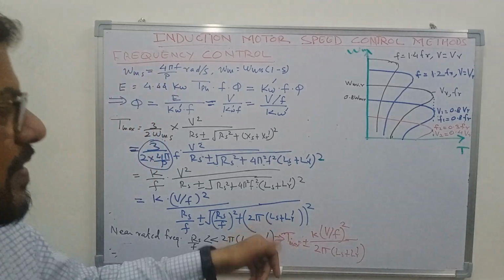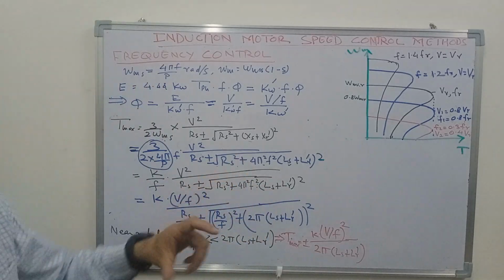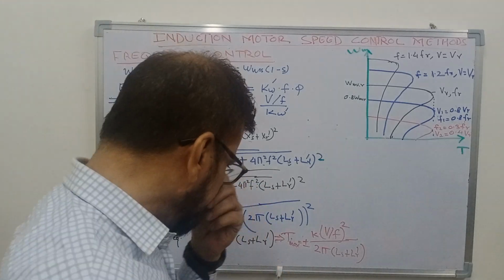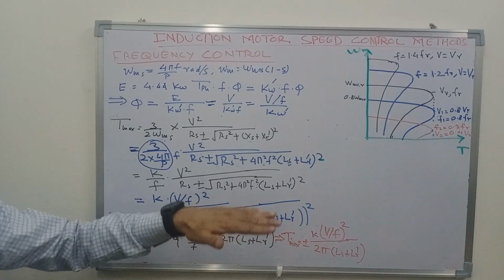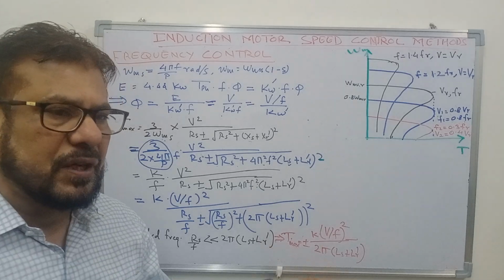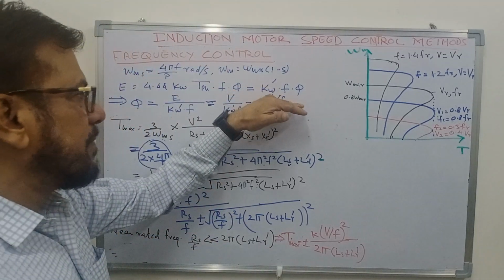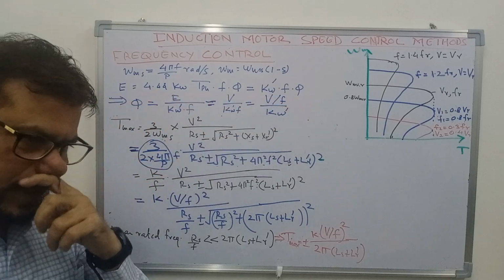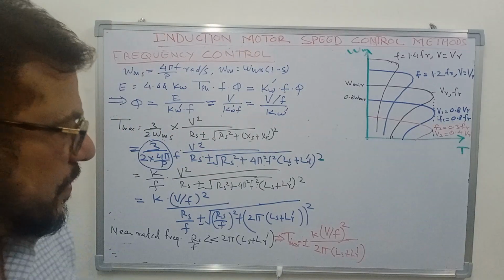Here plus and minus are for two modes of operation, that is motoring mode and generating mode. So this indicates that if you maintain v by f constant, the maximum torque of the motor will remain constant. And it is obvious that when v by f is constant, the flux is constant. When the flux is constant, the motor torque will remain constant.